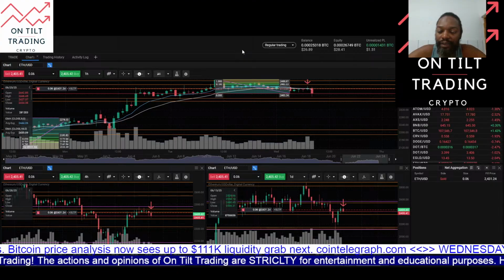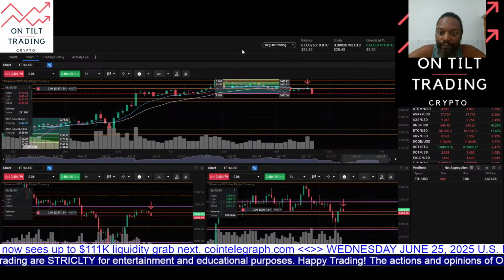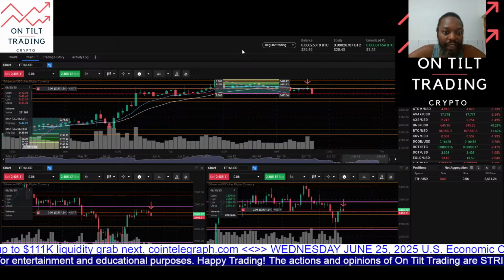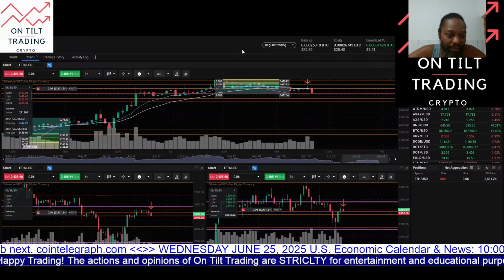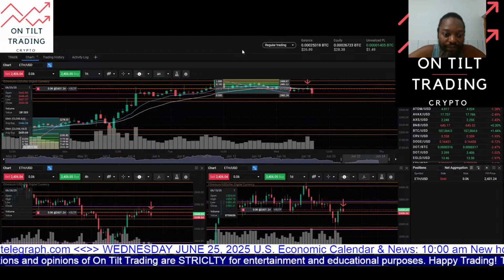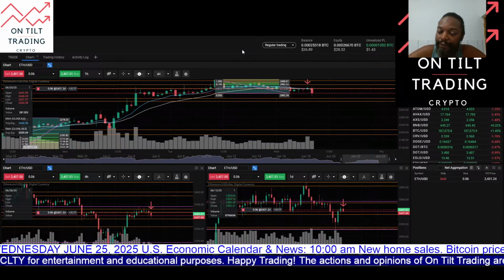We'll see if price can deliver to the sell side, and if target can be reached, and then possibly get more information on what the market sentiment is.